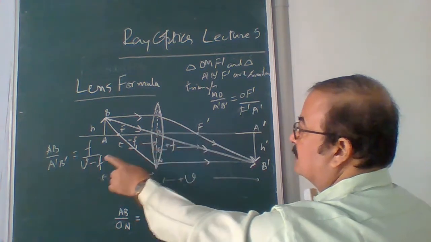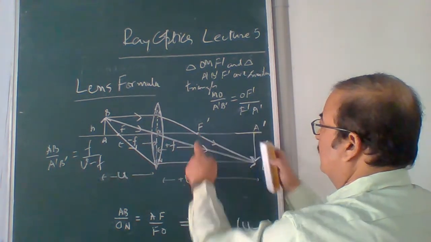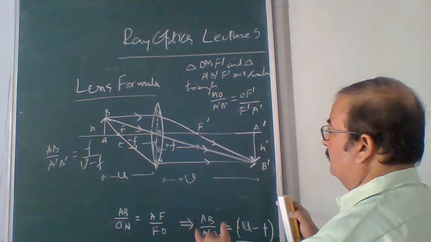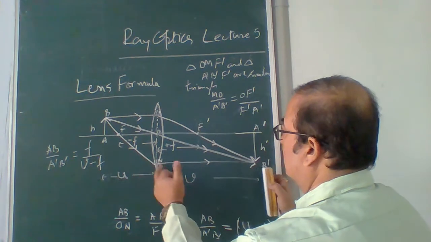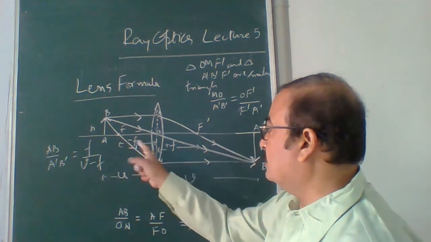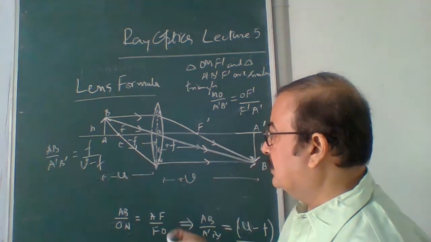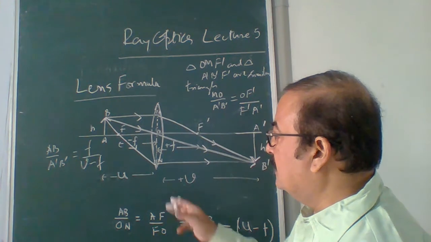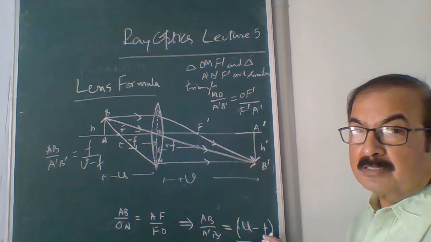OF dash is just F upon F dash A dash. F dash A dash is nothing but it is equal to our what? It is equal to V minus F. Remember, here also we have seen that both F and this they are negative. Both are negative, in fact, and therefore U minus F when we take U minus F.